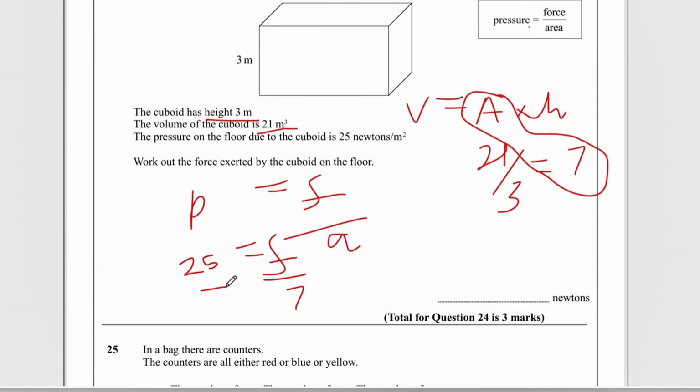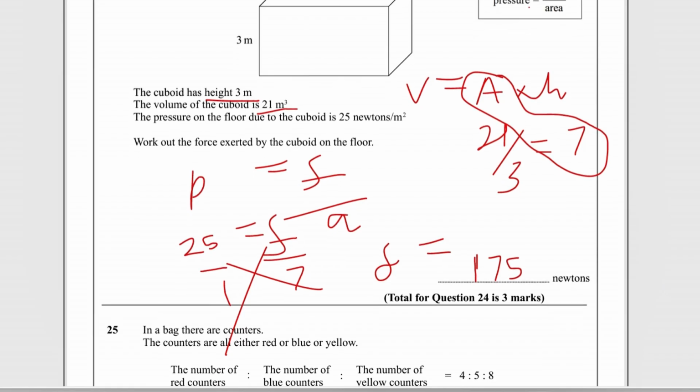So 25 is equal to F over 7. You can cross multiply. So F will be 25 times 7. And 25 times 7 is 175 newtons. Okay, 175, and that's it.